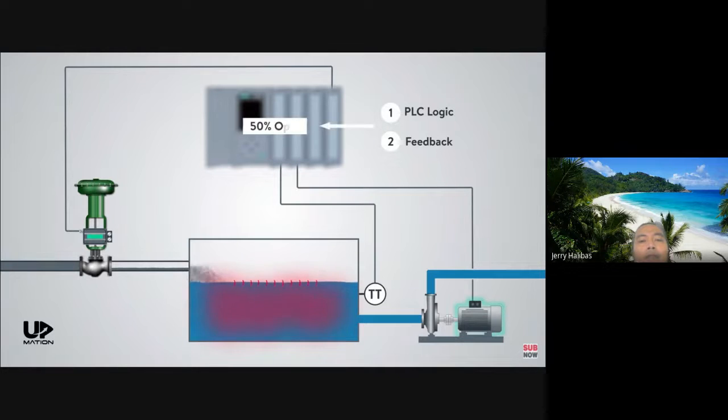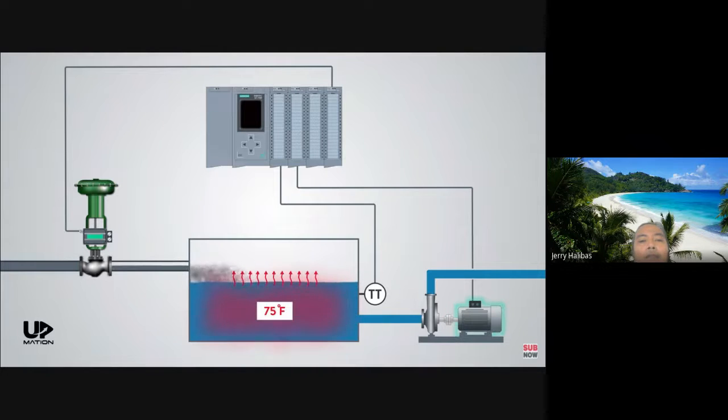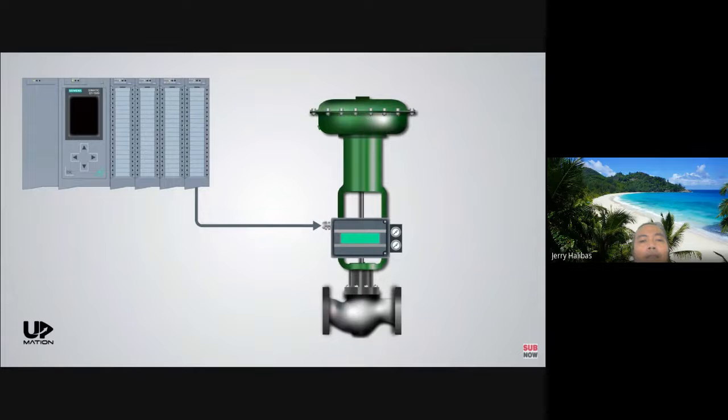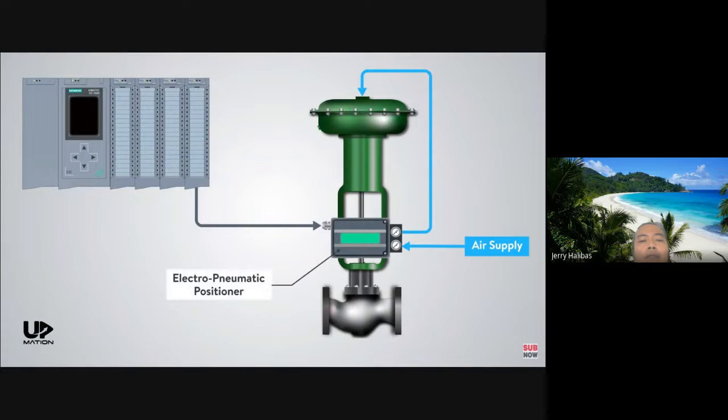This command signal often is in the form of a 4 to 20 mA DC electrical current and is sent from the PLC. The device that receives this signal in the field is the positioner of the control valve. As we are using a specific type of pneumatic actuator in this example, which needs compressed air to become activated, we chose an electro-pneumatic positioner.